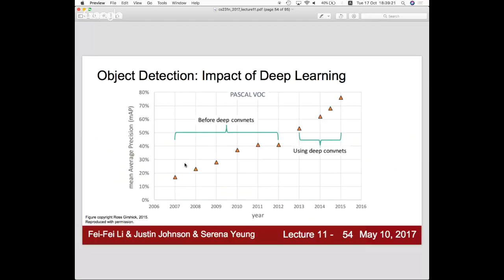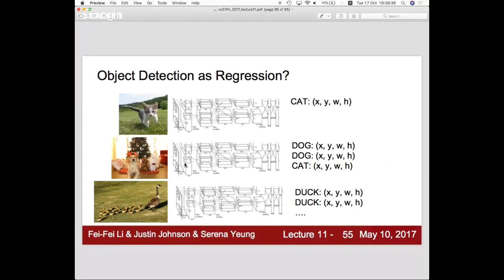And in 2017, this year, they already exceeded human recognition, which I guess is over 100%. So deep learning has given us a lot of opportunities in this area, and object detection has, I guess, improved greatly.